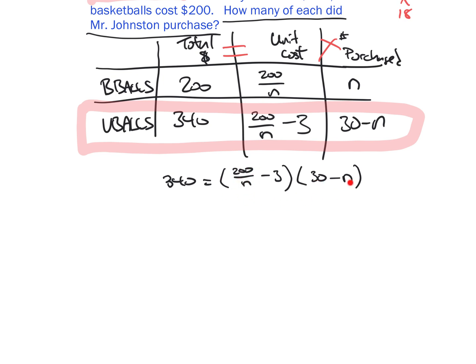Then we're going to multiply it by N. And then we're going to multiply 3 by 30, and then the 3 by the N, because it's like FOIL. So it's going to be 340 equals 6,000 over N minus, when we multiply 200 over N by N, it's just going to be 200. And then it's minus 3 times 30, which is minus 90. And then plus 3N.